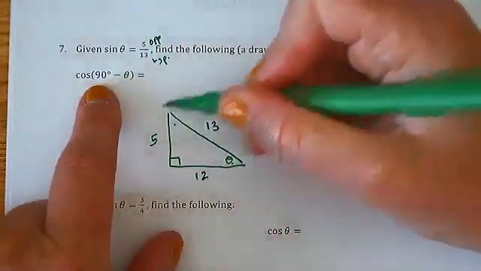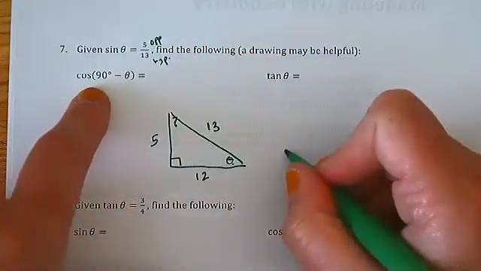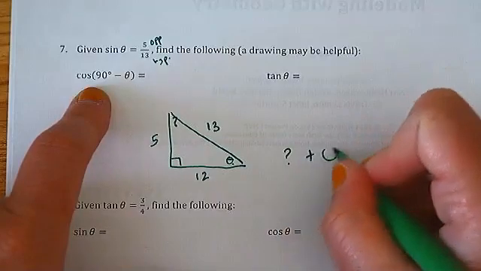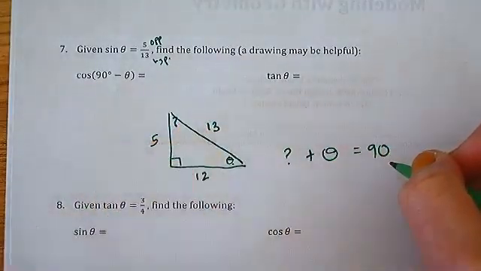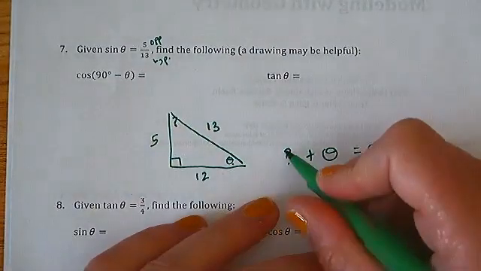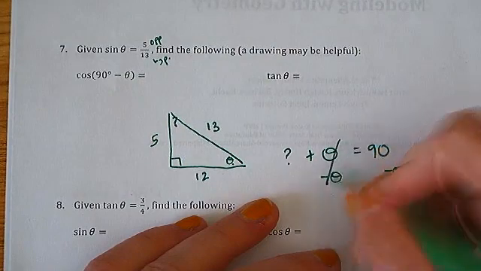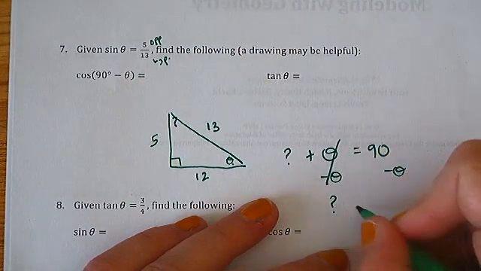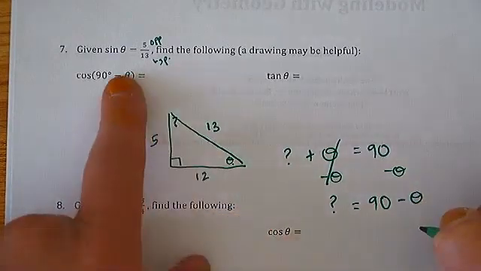So if these two add to 90, I'll put a question mark for now. So if the question mark plus theta equals 90, because 90 plus 90 is 180, and we want to solve for that question mark, we're going to subtract theta from both sides. And that means that other angle is equal to 90 minus theta. That's all this means.